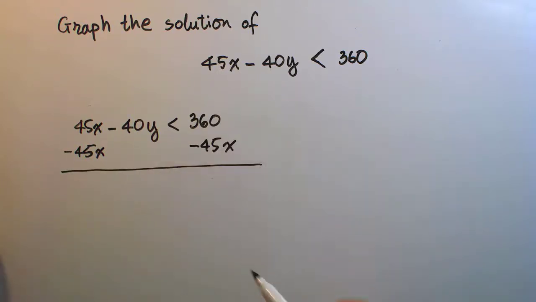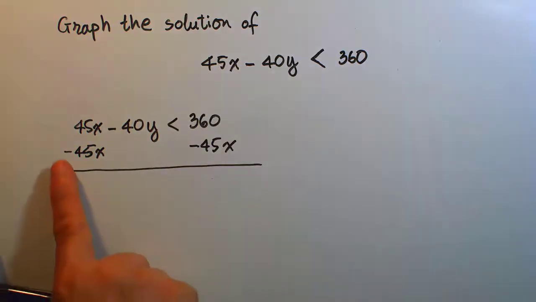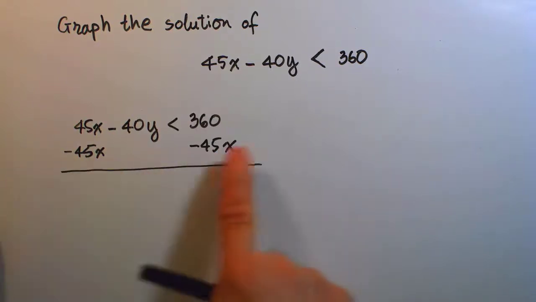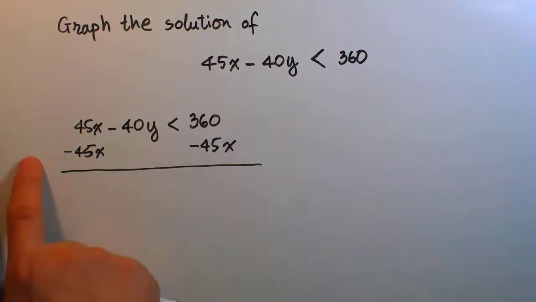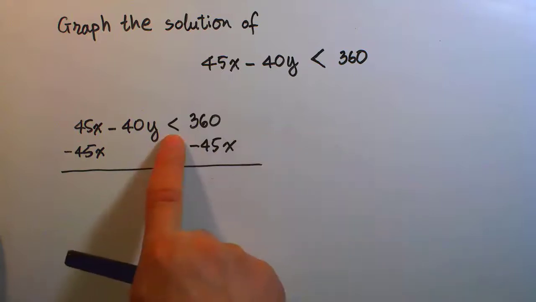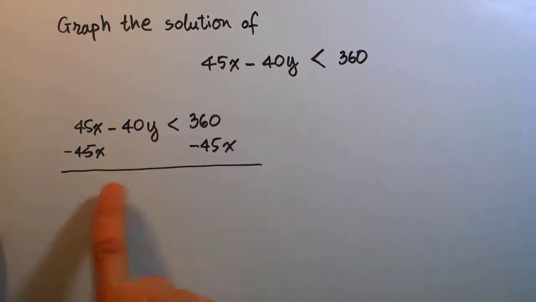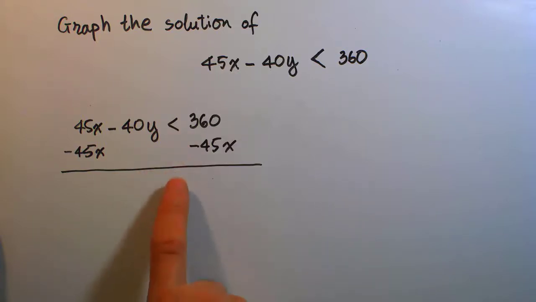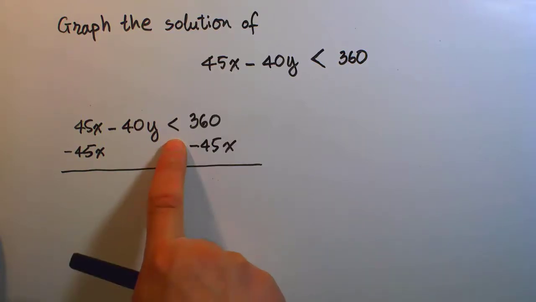Now, after subtracting 45x from both sides, I have to remind you of a couple of algebraic properties: adding or subtracting an expression to both sides of an inequality will not change the inequality direction, meaning the inequality we are about to produce remains in the same direction.